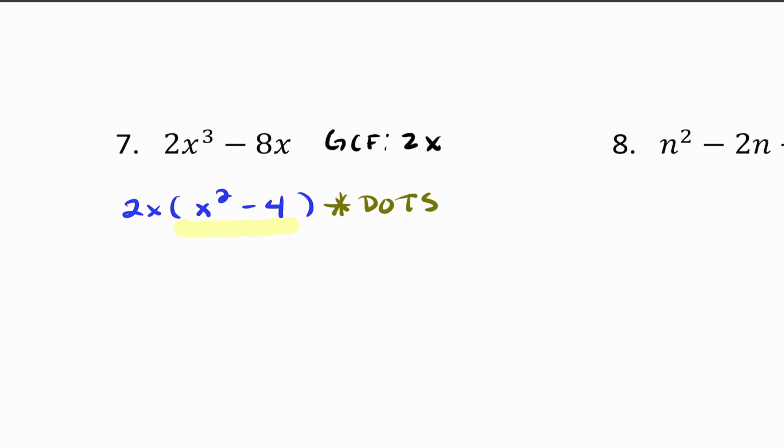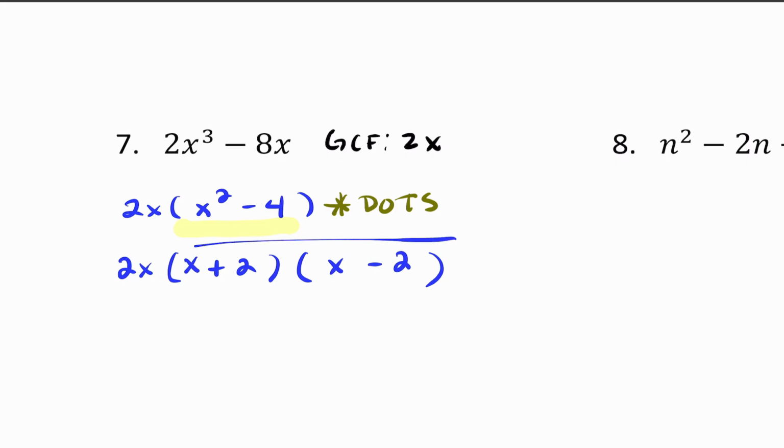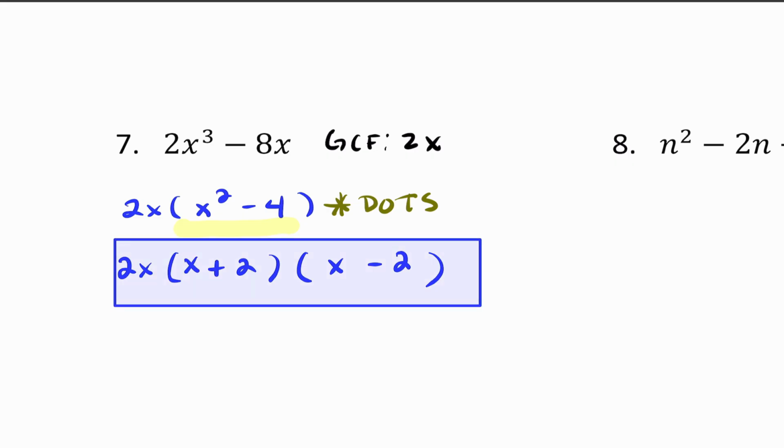So I need to keep on factoring. So I have 2x and then two sets of parentheses where one of them is a plus and the other one's a minus. The square root of x squared is x, and the square root of 4 is 2. So 2x times the quantity of x plus 2 times x minus 2 is the answer for number 7.